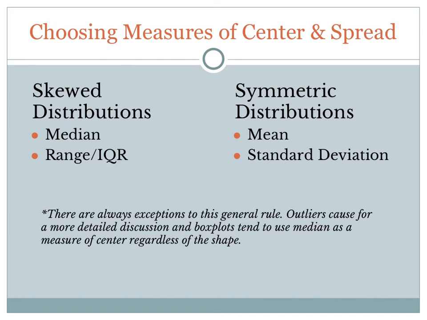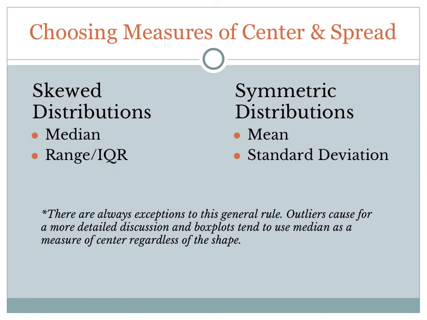So to wrap things up here, we know that we need to talk about the shape, center, and spread of a numerical distribution if we're trying to give a complete description. Choosing a measure of center and spread rests solely on what shape you determined the distribution to be in the first place. If we have a skewed distribution, the median is the most appropriate measure of center to use, and then the range or IQR would be the most appropriate measure of spread.